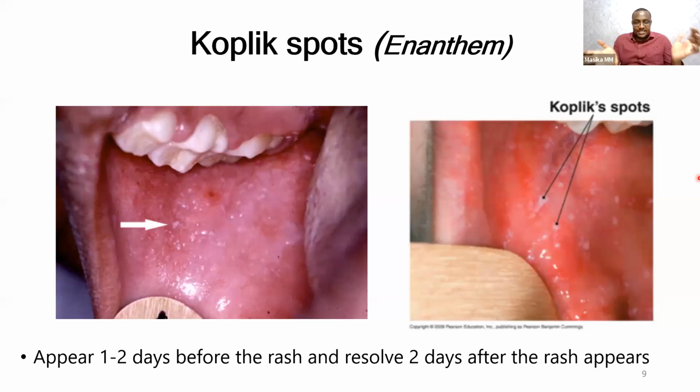But if the rash has lasted about 1 or 2 days, you may be able to see them. It's unlikely that a mother will bring their child to hospital because of these Koplik spots, unless, of course, the fever might bring the child to you. So if the child has had fever for 1, 2, 3 days, and you find these spots, then you may suspect measles, even if they don't have a rash.